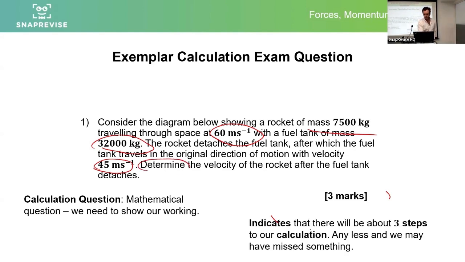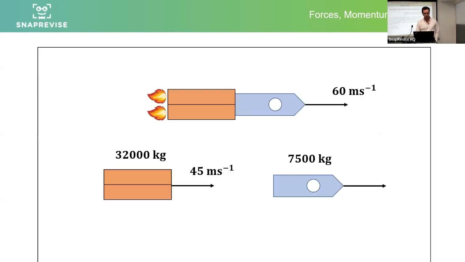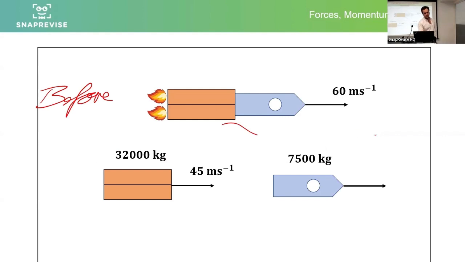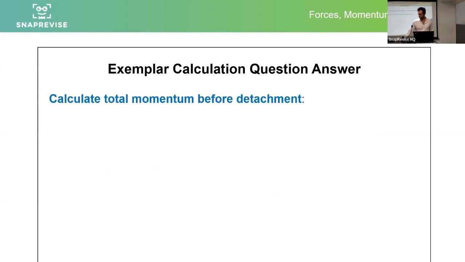Determine, that's our command word. It's in the category of calculation. 3 marks should be 3 stages. Okay, so before they're together, they're traveling at 60 meters per second, and their combined total is 39,500. They then separate, and we are told only about the case beforehand.